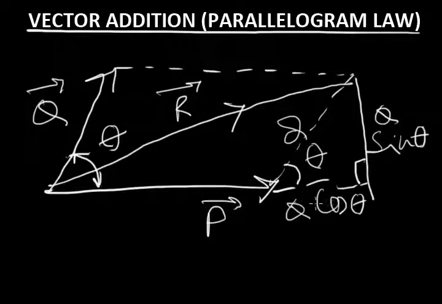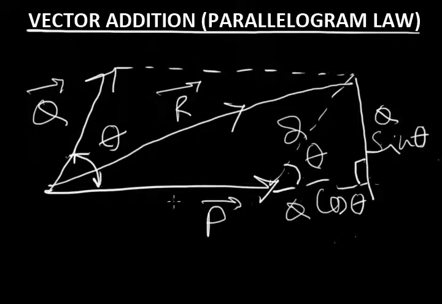This side of the parallelogram is Q, so the opposite side will also be Q. The angle between these two vectors is theta, and here also the angle is theta. So if this is Q and this is theta and this is a right angle, then the perpendicular is Q sine theta and the base is Q cos theta.